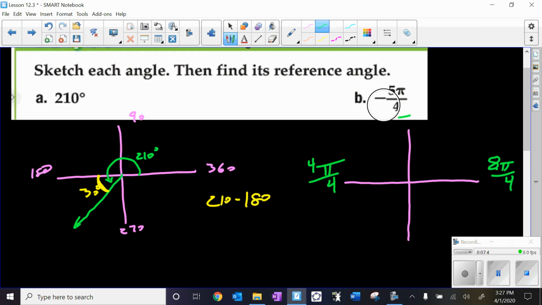Notice I have a negative this time, so instead of going counterclockwise, we're going to go in the clockwise direction. Just think of going 5 pi over 4. So it looks like I went all the way over. That's 4 pi over 4, but I need to go a little bit more because I need 5 pi over 4.